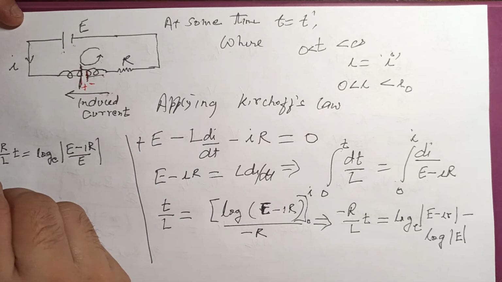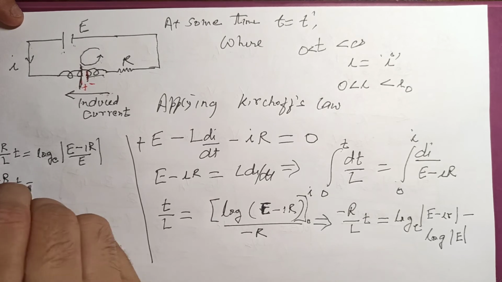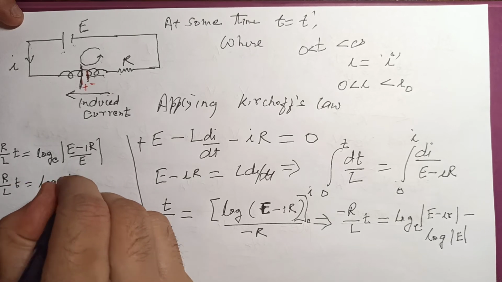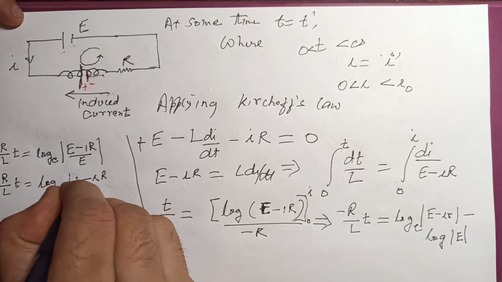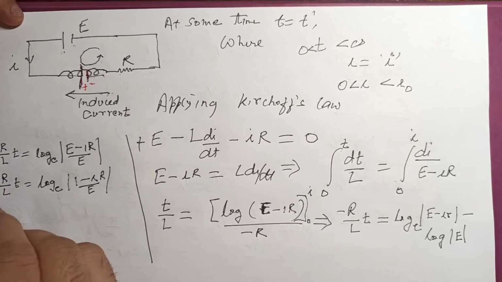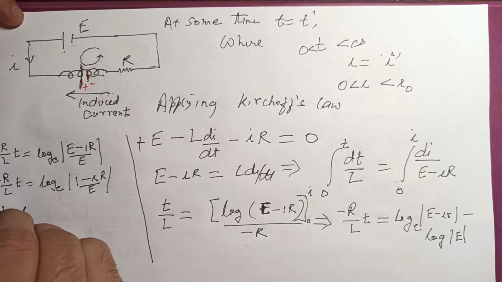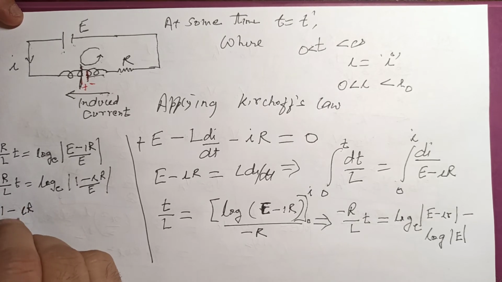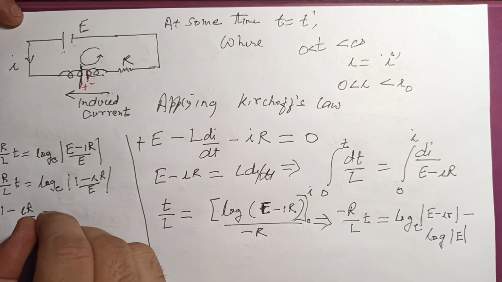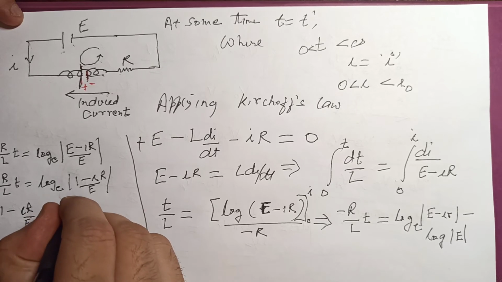Or I can say minus R by L t is equal to log of 1 minus IR by E. Okay, further I can say 1 minus IR by E is equal to, I have removed the log, so it becomes e to the power minus R by L into t.